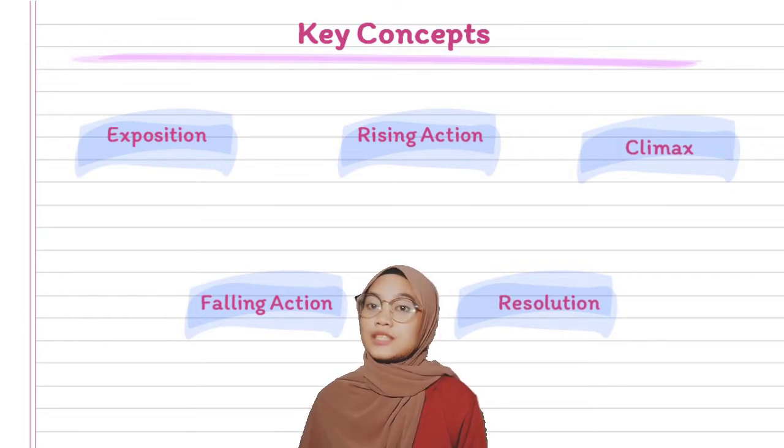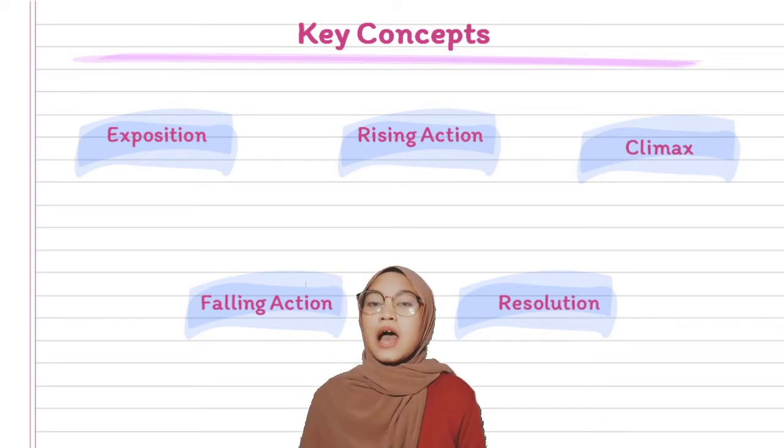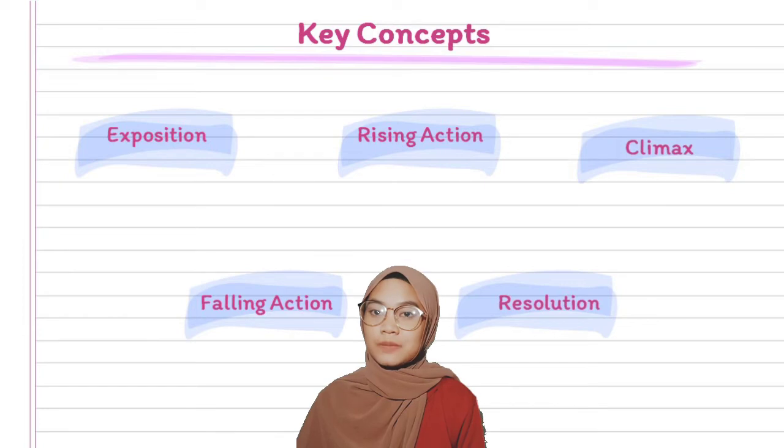Number 4 is falling action, and the last one is the resolution. Those are the responses that should be answered by the students based on the important events that happen in each element.